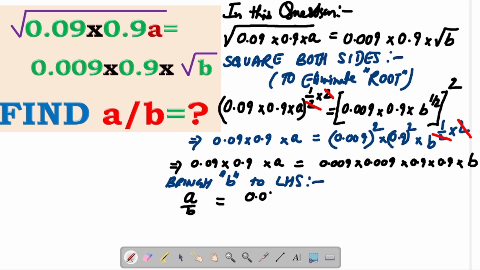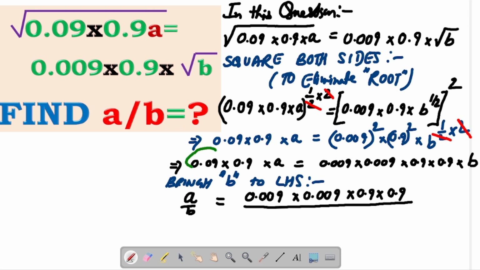So b will come to the denominator of the LHS, and we will be able to get a by b on the LHS. On the RHS we keep all the terms which are already present, and this term which I highlighted in green, 0.09 into 0.9, will come into the denominator of the RHS, right? So write it over here, 0.09 into 0.9, right?